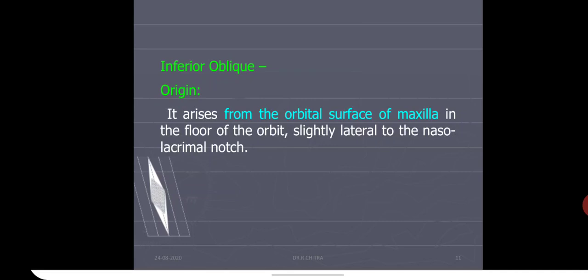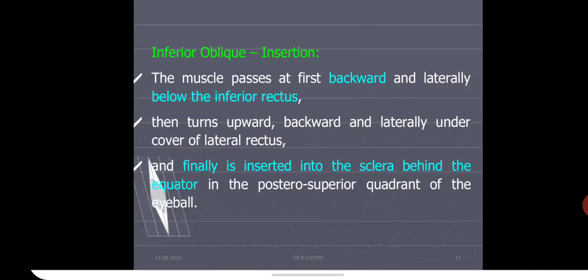Superior oblique arises from the roof of the orbit, inferior oblique from the floor of the orbit, from the orbital surface of maxilla, slightly lateral to the nasolacrimal notch. The muscle passes at first backward and laterally below the inferior rectus, then turns upwards, backwards, laterally under cover of lateral rectus, finally inserted into the sclera behind the equator.